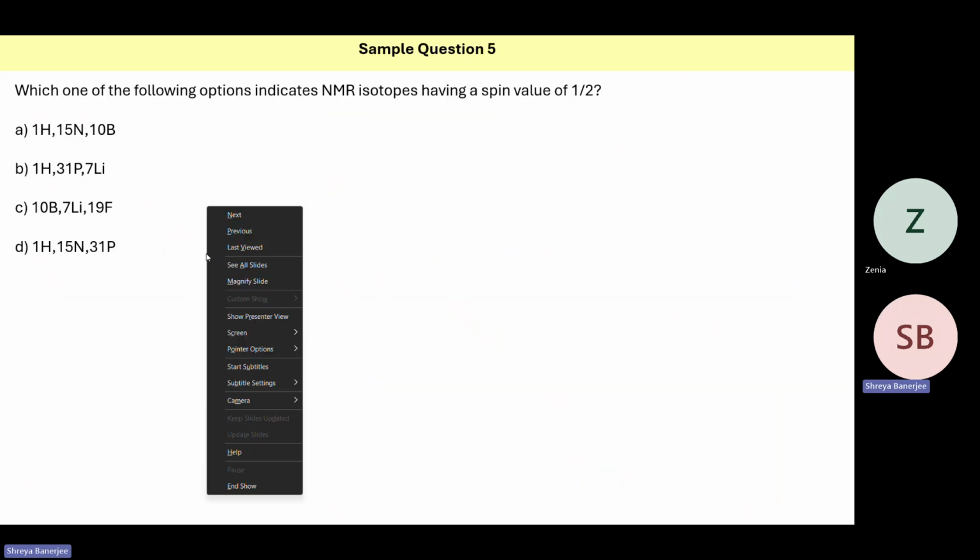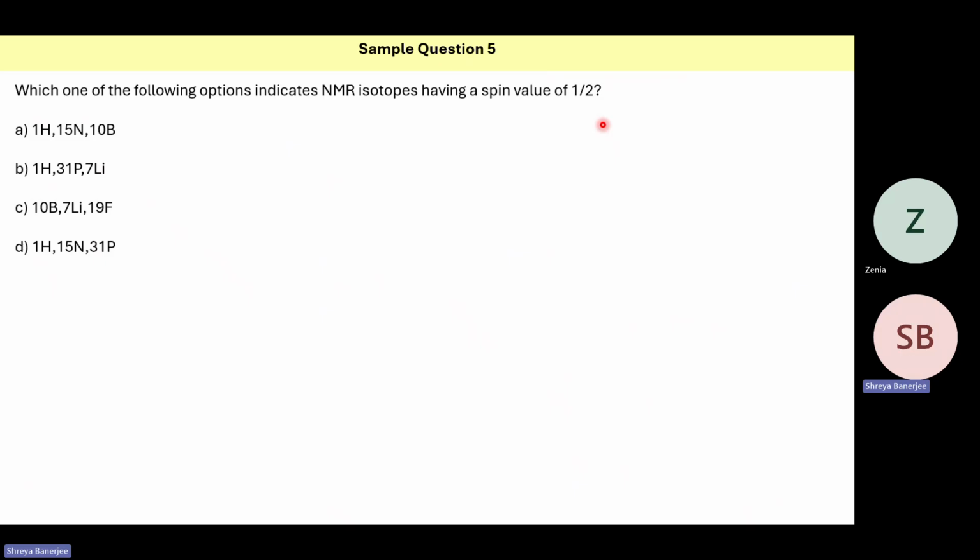The next question is asking which of the following options indicate NMR isotopes having a spin value of half.